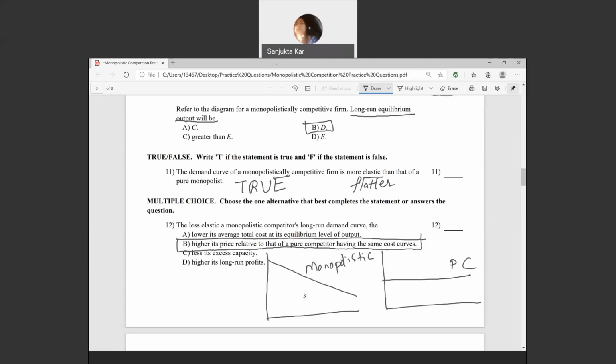Because this one is steeper and this one is flatter, the monopolistically competitive market structure has a demand curve that is downward sloping. They have some control over the price, so they can control the price of the product, unlike the perfectly competitive market structure. As a result, they will sell at a higher price.